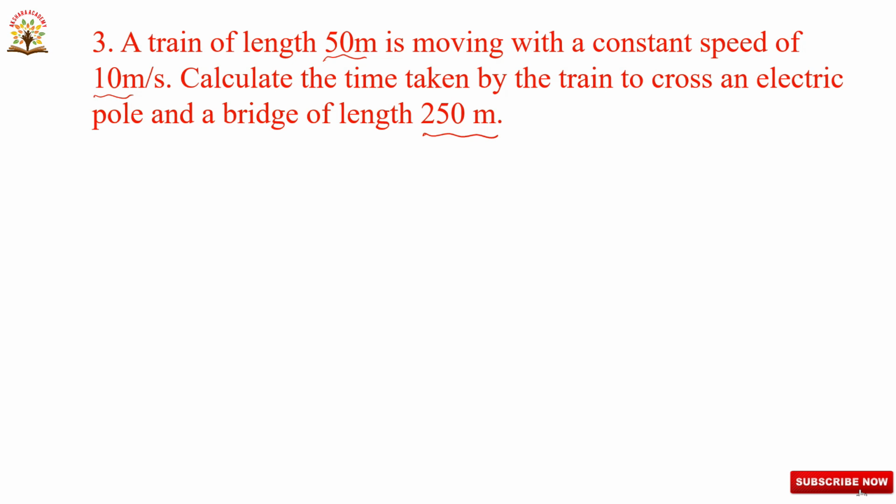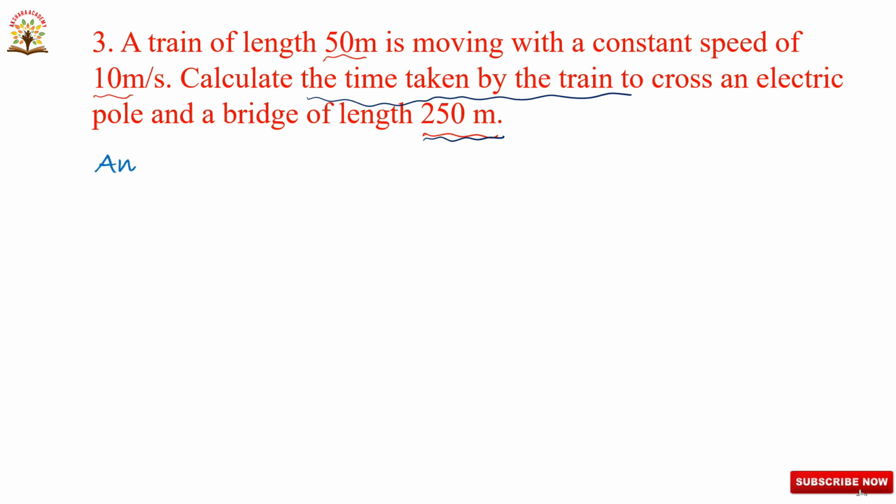Here in this question they have given the length of the train as 50 meters and a constant speed of 10 meters per second. Now we have to calculate the time taken to cross an electric pole and a bridge. The length of the bridge is given as 250 meters.